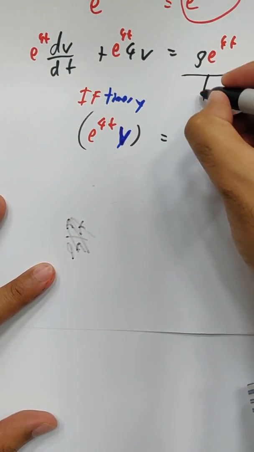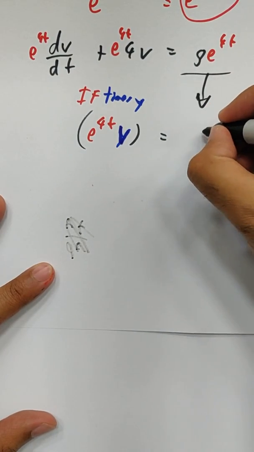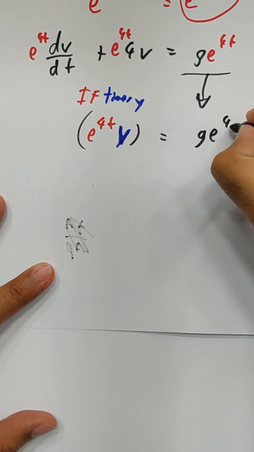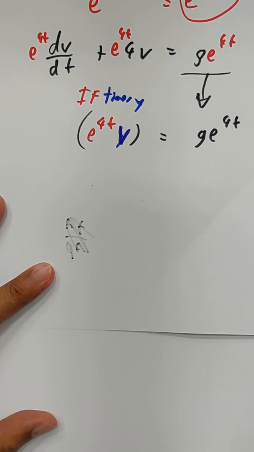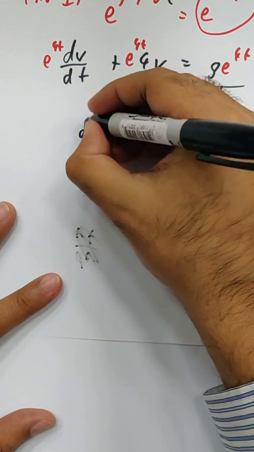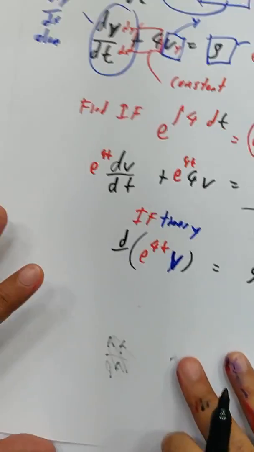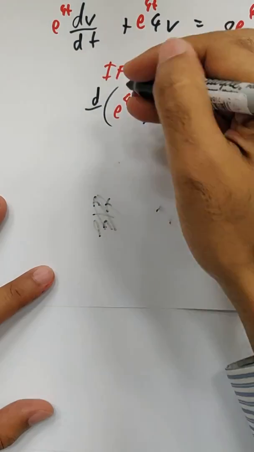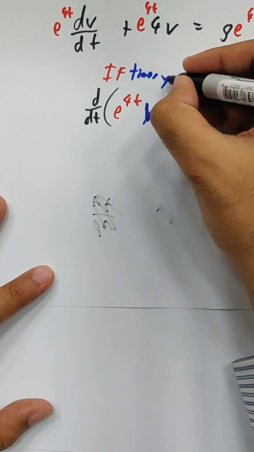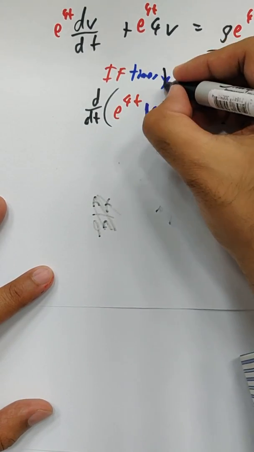Okay, let's do the easy one first. This one comes down. g e^(4t). d what here? Why not x? x is t this time. Yeah, I think I should change this one as well.